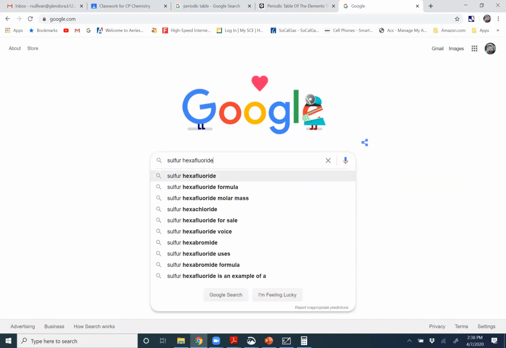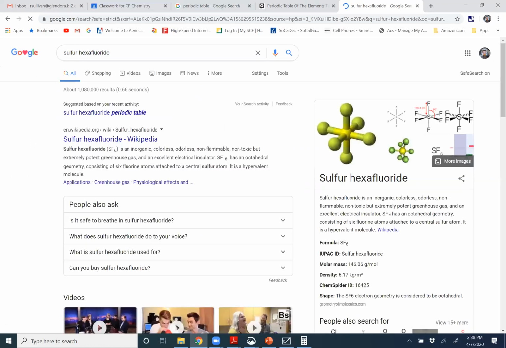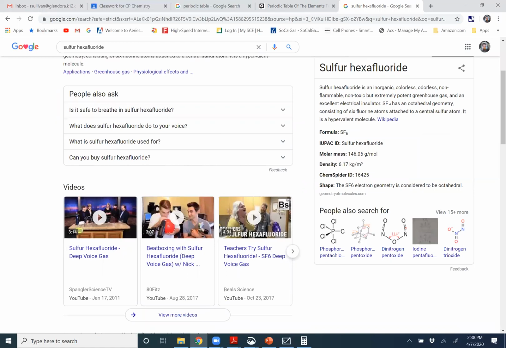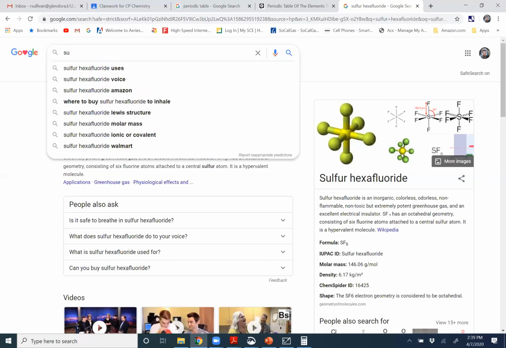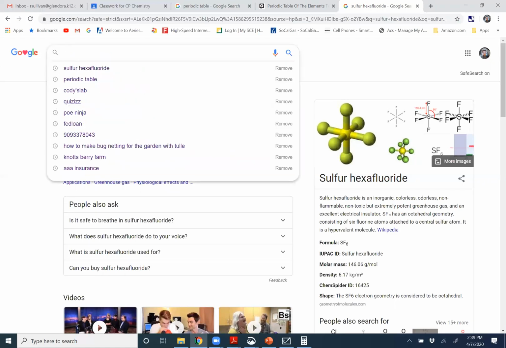Sulfur hexafluoride is 6 times as dense as air, and you can see there's lots of videos of people breathing sulfur hexafluoride. It will do the opposite of what helium will do. It will make your voice deep. And again, Cody's Lab had lots of cool stuff on why your voice changes with different gases. He breathed in different gases.